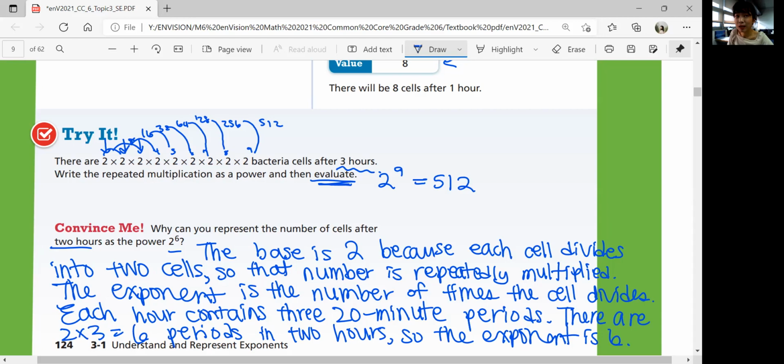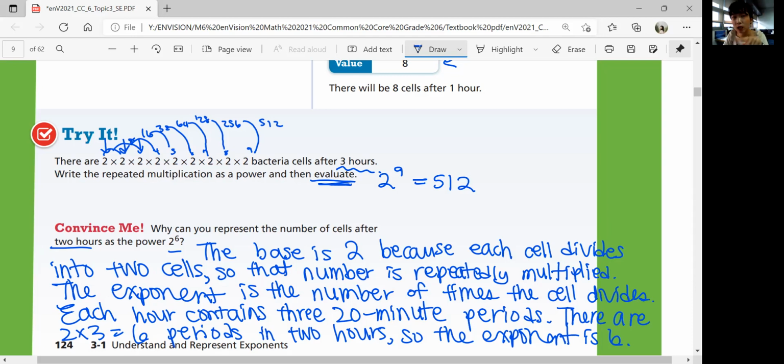The base is 2 because each cell divides into 2 cells, so you multiply by 2, right? And the exponent is the number of times the cell divides, and every 20 minutes the bacteria divides, right? So each hour has 3 20-minute periods. So you multiply that by 2, because we're looking at 2 hours.